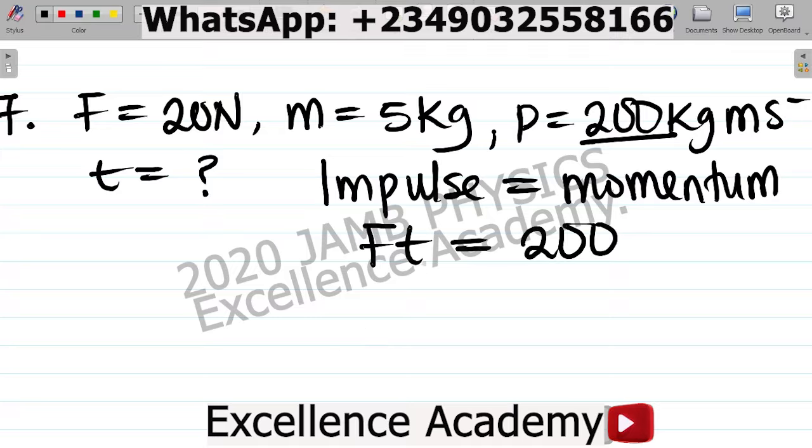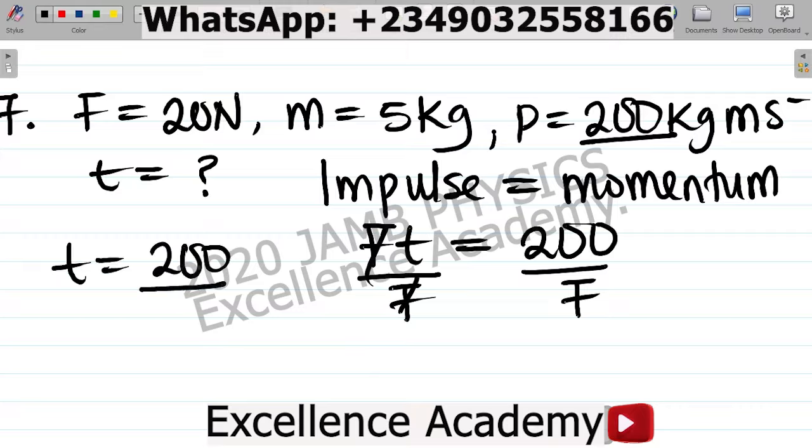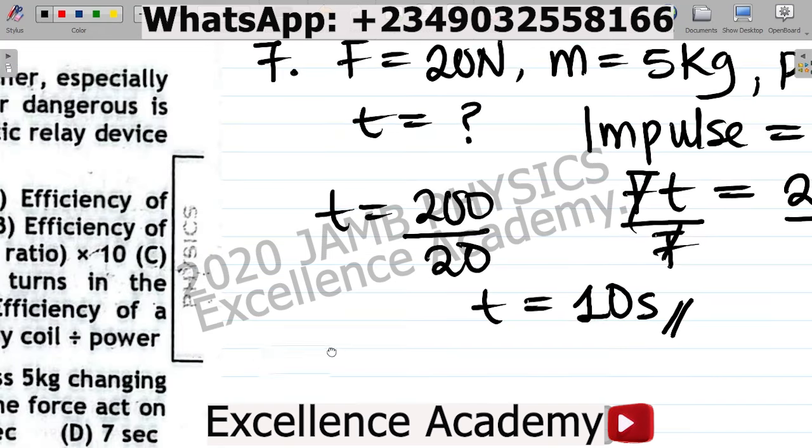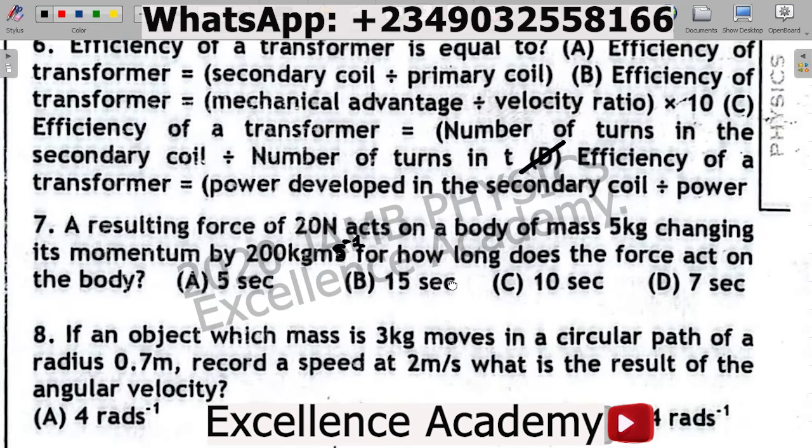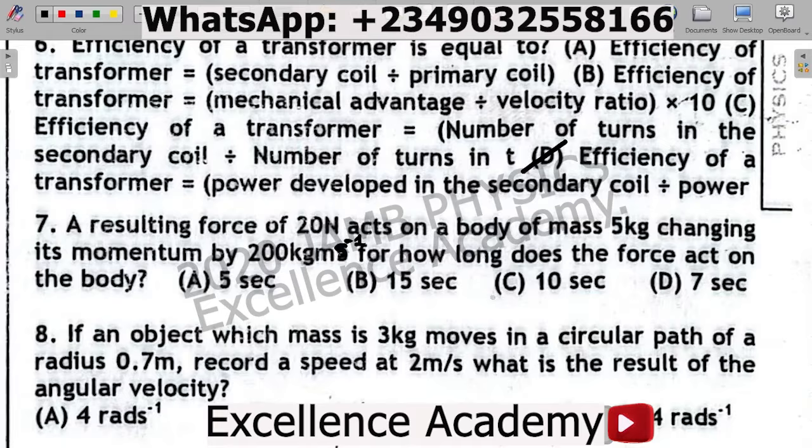Dividing both sides by force, this cancels this, so the time T is equal to 200 over the force. The force is 20, so T is equal to 200 over 20, which gives you 10. So the value here is 10 seconds. For question 7, the answer is C, 10 seconds.